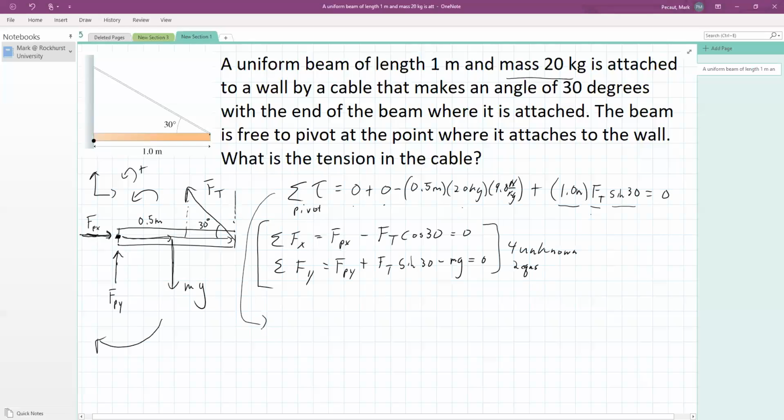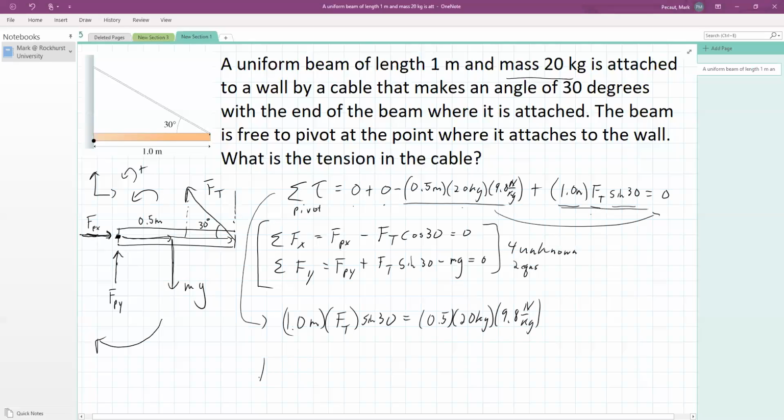Okay, so let's go ahead and solve this 1 equation and 1 unknown. I get 1.0 meter times, I'm going to write this term out, times F_T sine 30 equals, and I'm going to throw this on the other side here, and that's going to give me 0.5 times 20 kilograms times 9.8 newtons per kilogram.